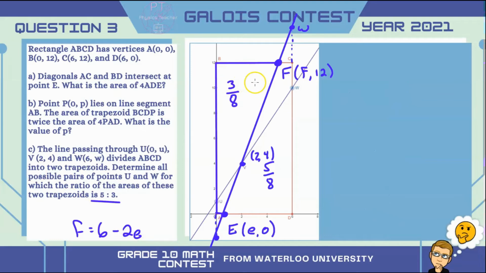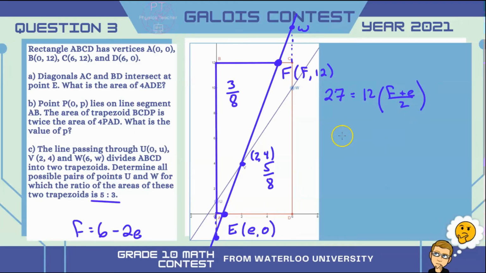Alright, so the area of this smaller trapezoid, which is 3/8 of 72, just as before, will be an area of 27. And then the area of that trapezoid is simply the base, which is right here, so that's going to be 12, times the average of the sum of the sides. So this side will be f, the other side will be e, all divided by 2.